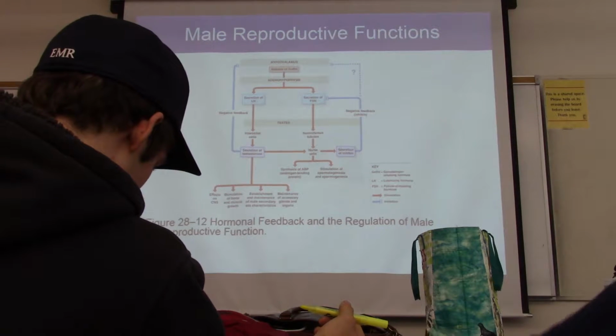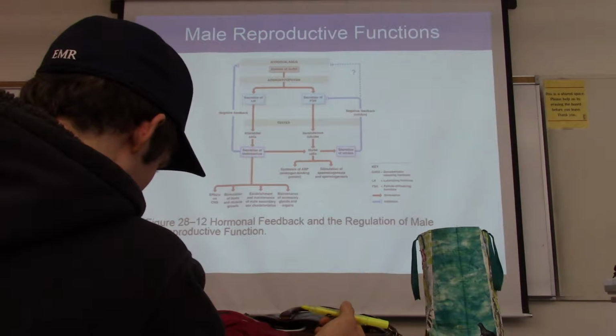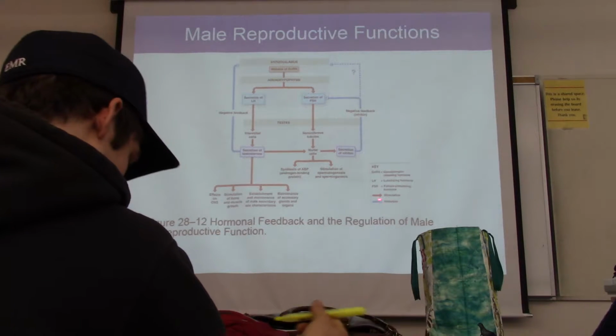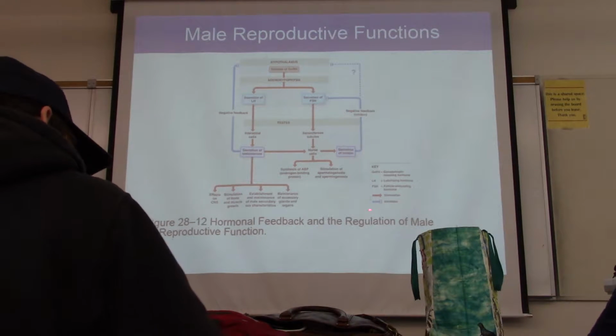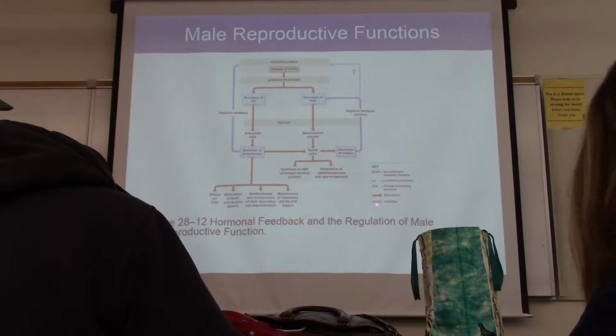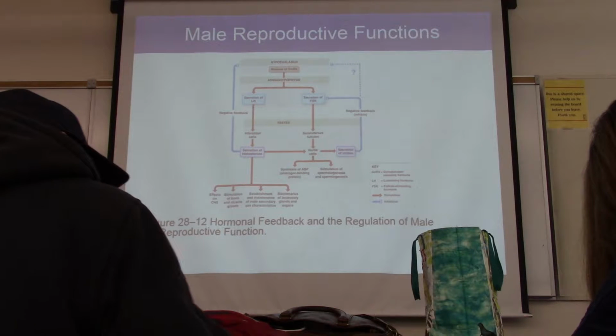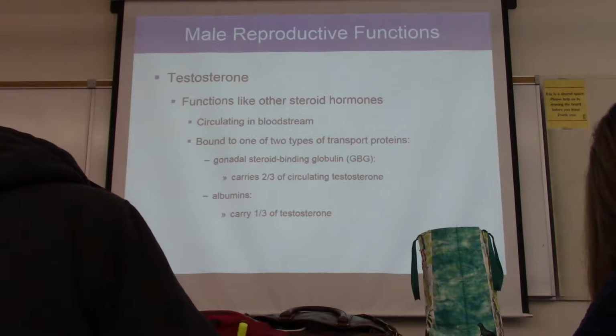All that stuff is right here in this one slide. So please pay attention to it. Notice that there's a red arrow over here, which means stimulation, and the blue line with the 2 lines on the end of it means inhibition, if you're trying to understand that graph.